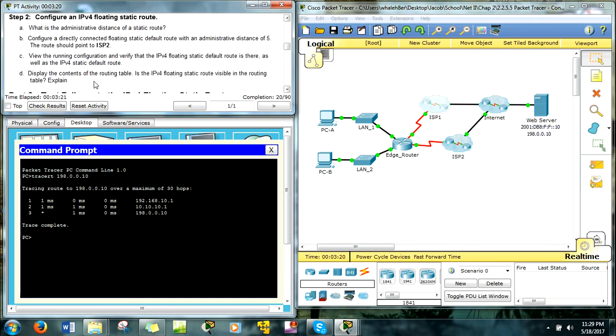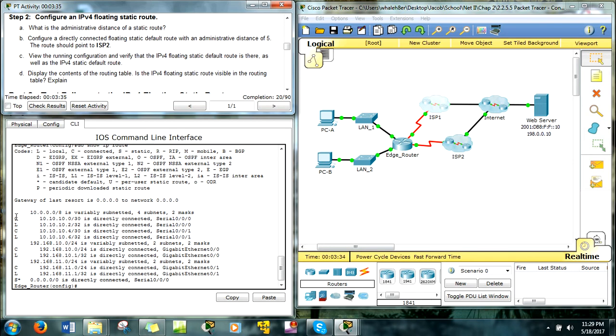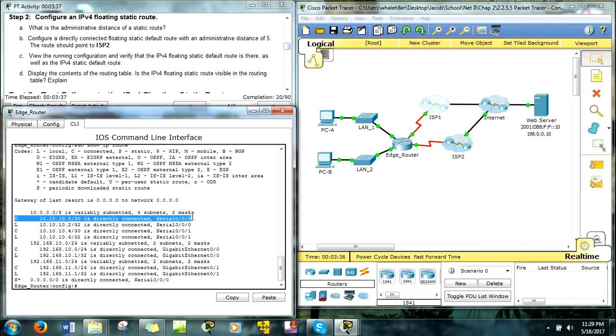What's next? That was too easy. What is the administrative distance of a static route? The administrative distance by default is 1 unless you specify otherwise. For a directly connected route, and I'll show you what that is again, the administrative distance is a default of 0. Static routes default is 1.